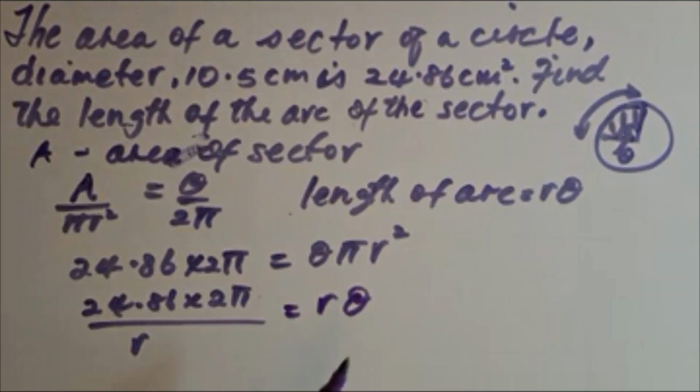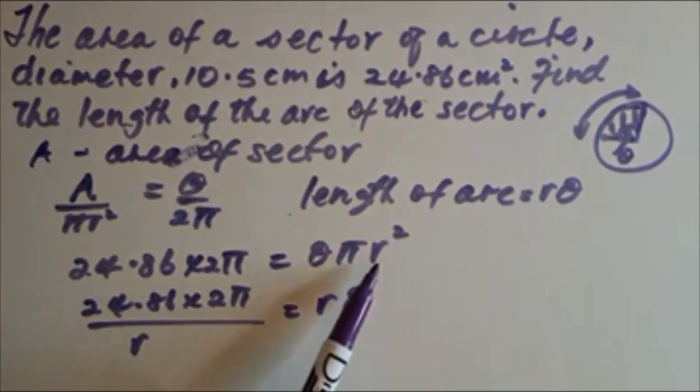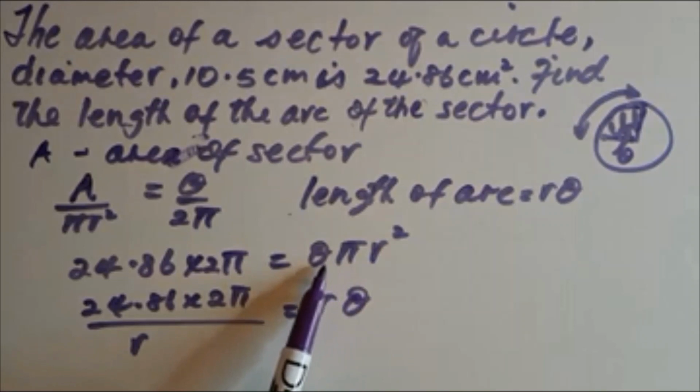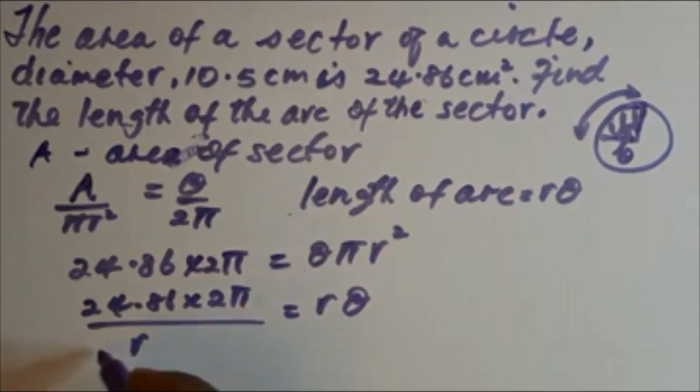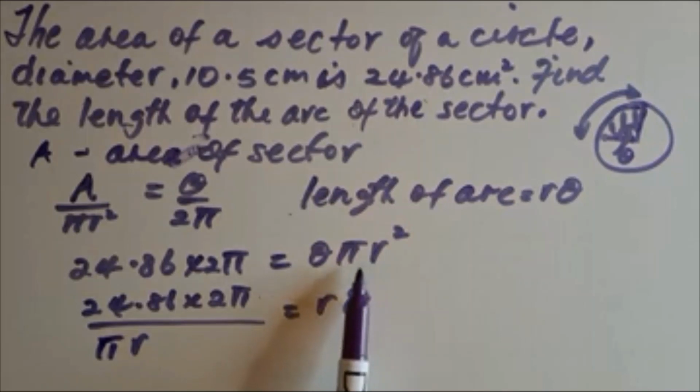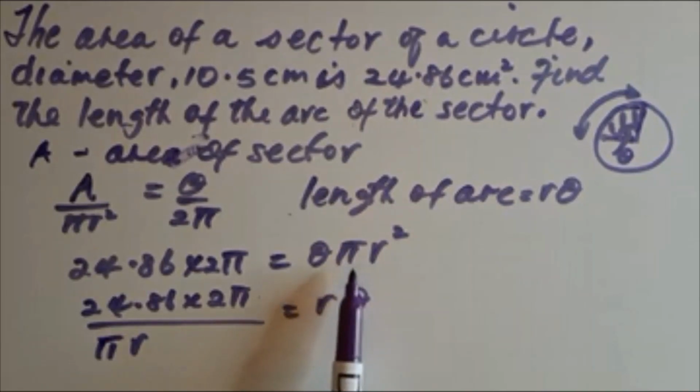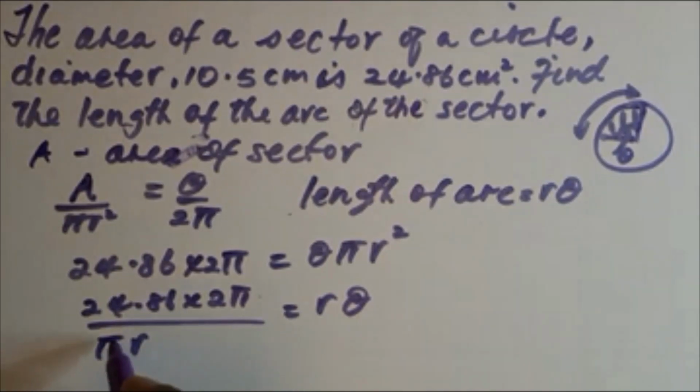If you look at that clearly, we don't want r squared theta. I forgot we're actually dividing here by pi also. We just want r theta. And if we cross multiply here, we'll get back to where we started: pi r squared theta. Now we can go ahead and cancel here, so the pi's get cancelled.